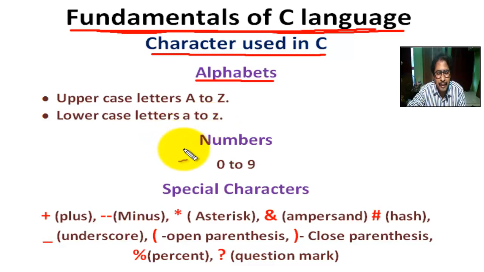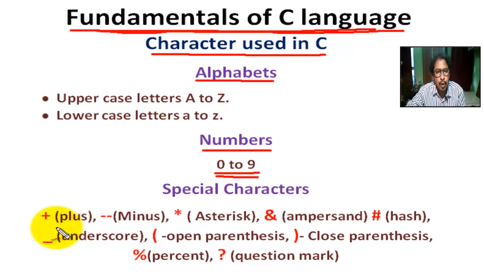For writing a program, we use English numbers from 0 to 9. Okay.